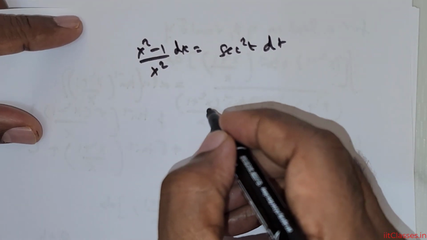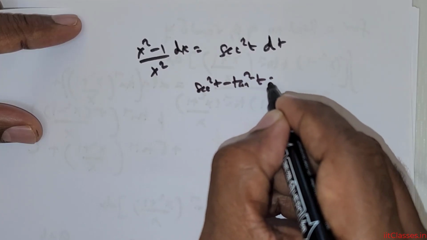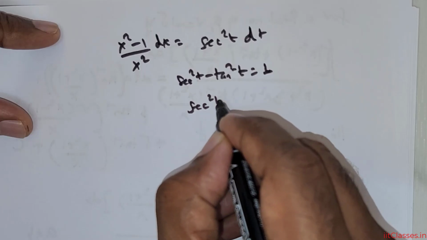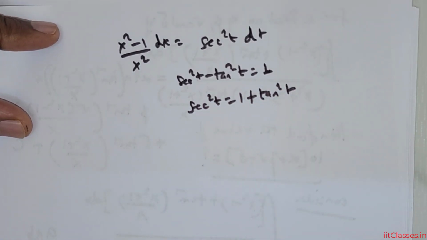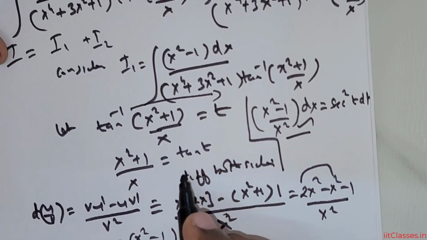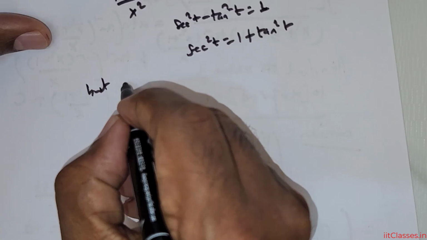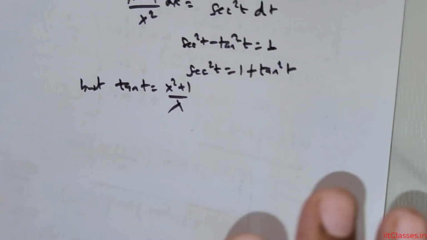Now I will have to use this formula: secant squared minus tan squared t is equal to 1. So from here, secant squared t is equal to 1 plus tan squared t. Now we have one substitution: tan t is equal to (x squared plus 1) over x.